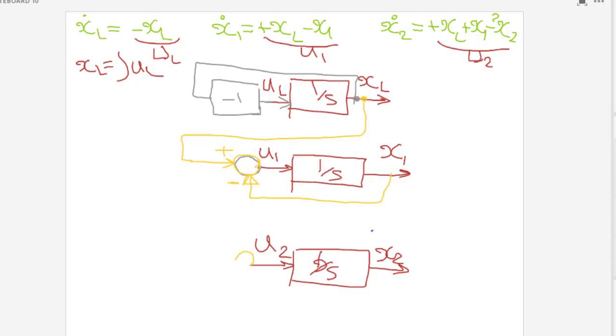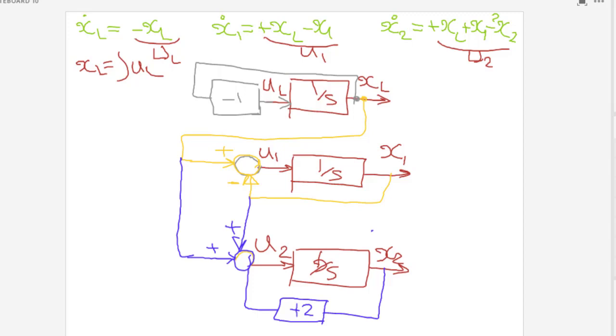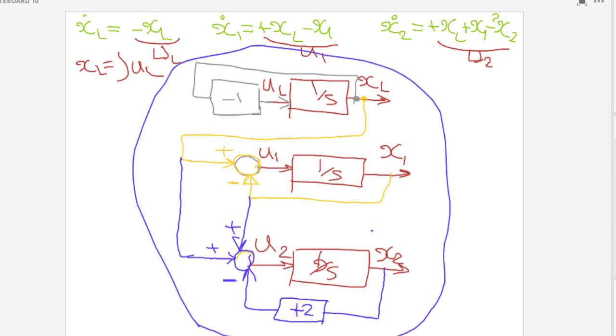What about u2? Let me change the color. u2 is xL plus x1 minus 2 times x2. This is the multi-agent system.